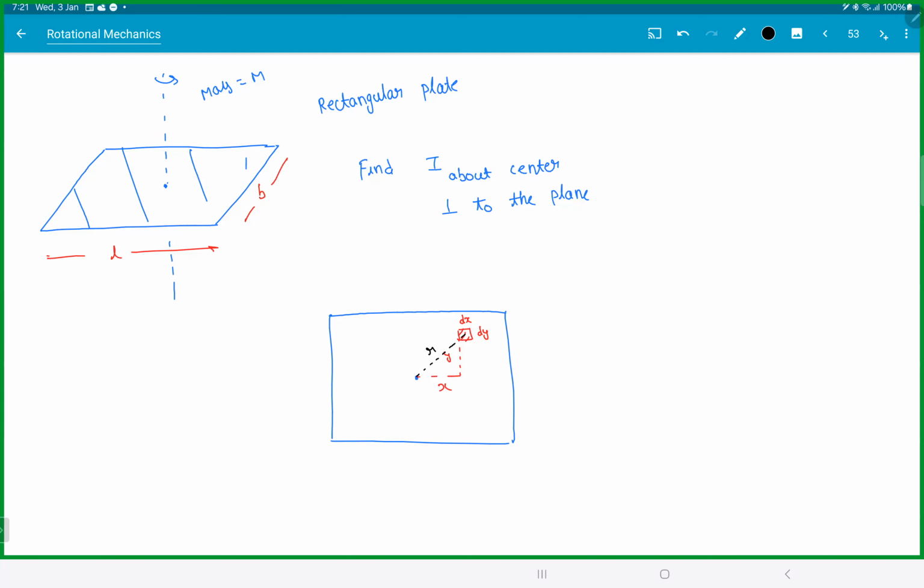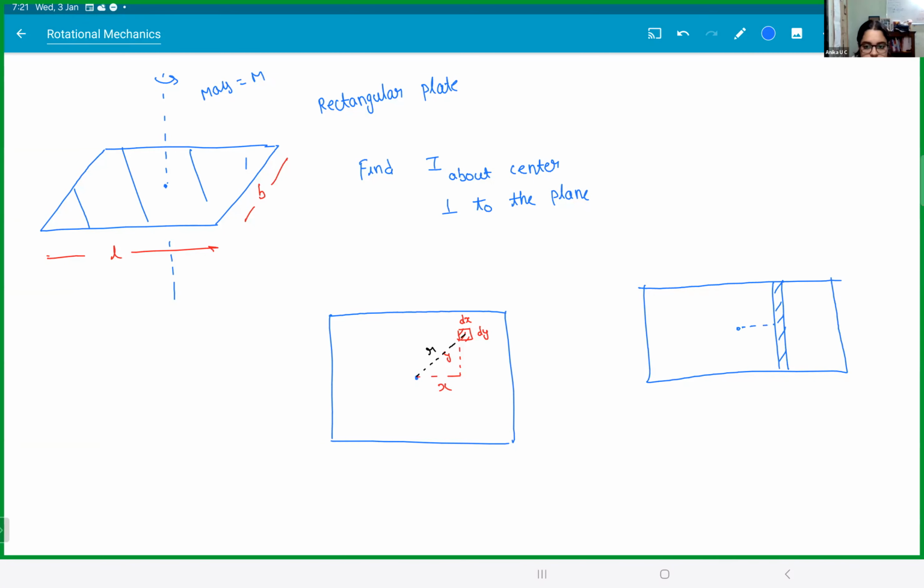Thin strip ले सकते हो, meaning how will you choose the thin strip? How will you choose, Anika? Horizontally or vertically? Vertical. ऐसा लोगे? And then take the distance from the center as x, width as dx. Okay.